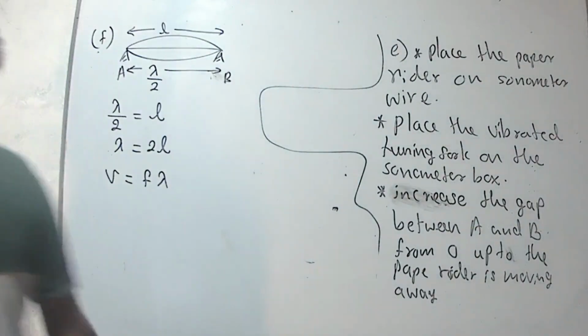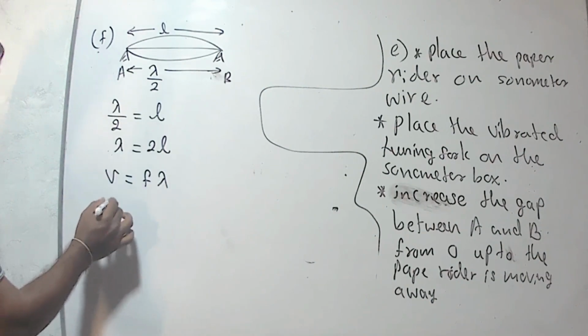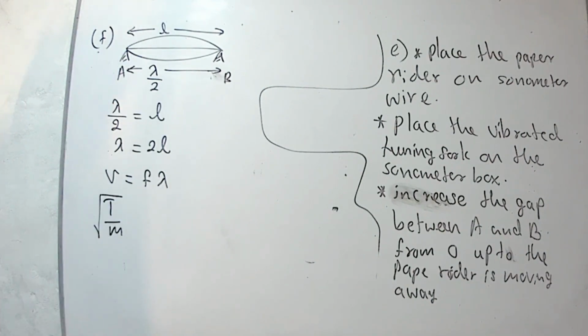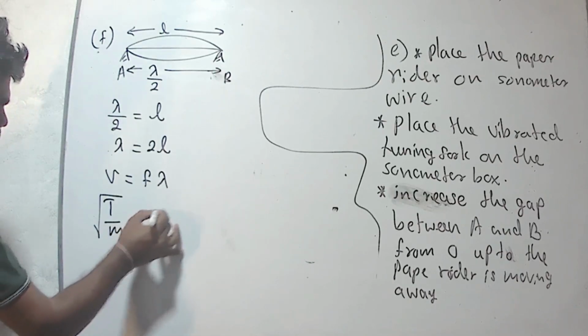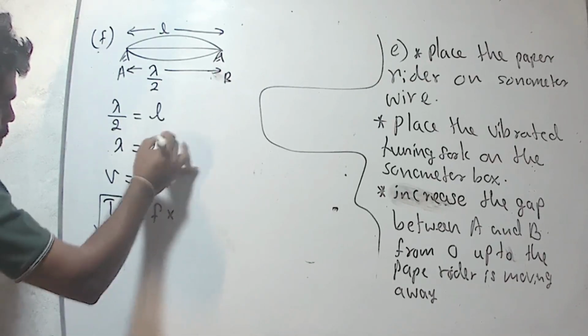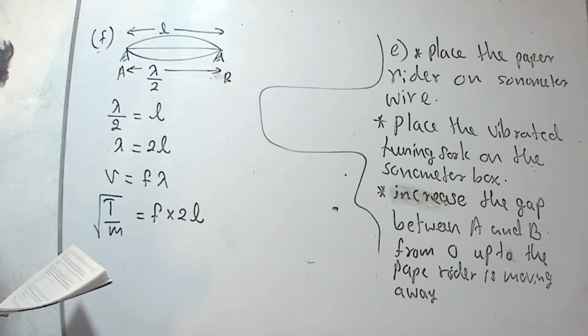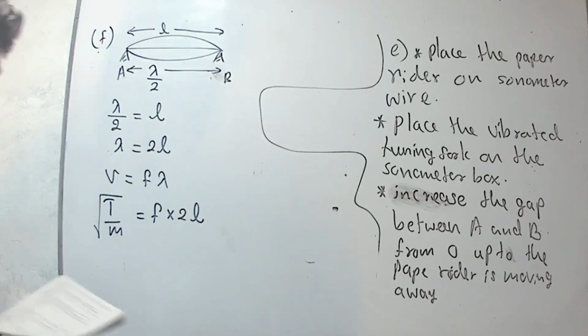Then we can write the velocity of a wave in a string as root of T over m, tension over linear density. Frequency is f, wavelength is 2L. Then we have to make m the subject. I will get the square of the equation.